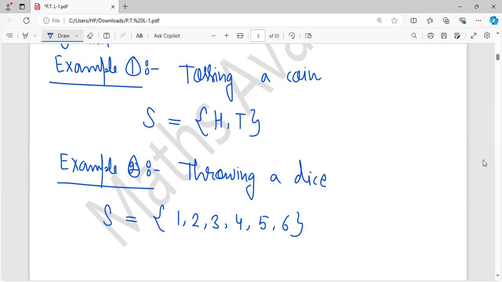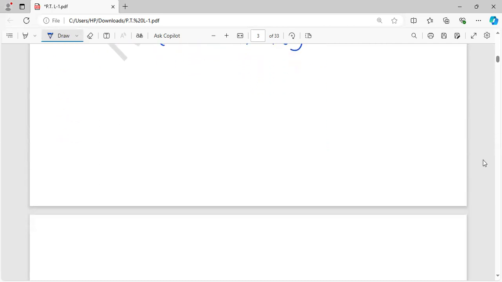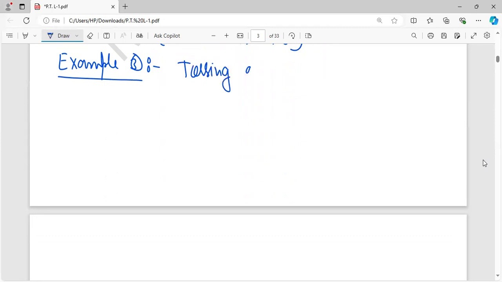Example 3, tossing a pair of coins. So 2 coins are tossed.